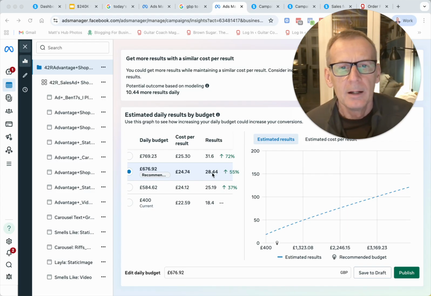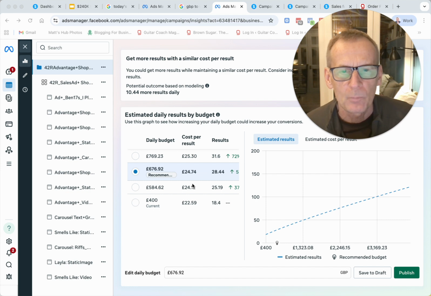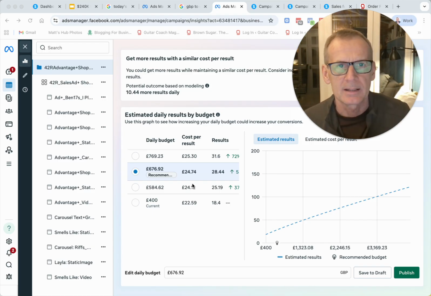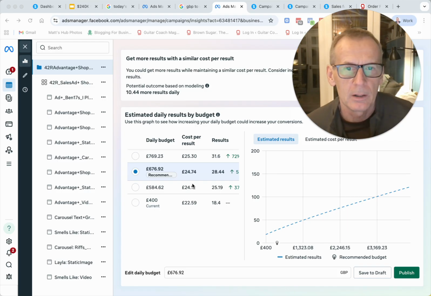But obviously, as we go up, so does that cost per result, which really means in order to be able to afford to scale up to those sort of numbers, we need to really increase this average order value. And in the short term it's actually been coming down. We need to get it back up there.